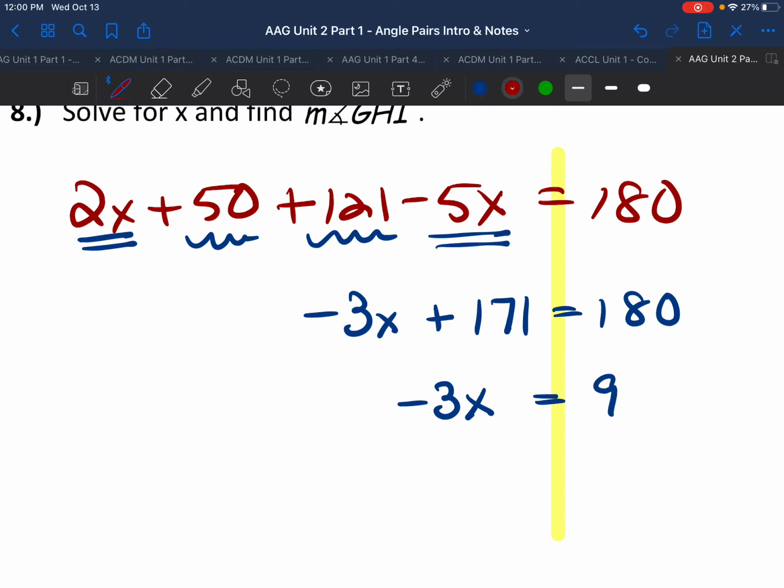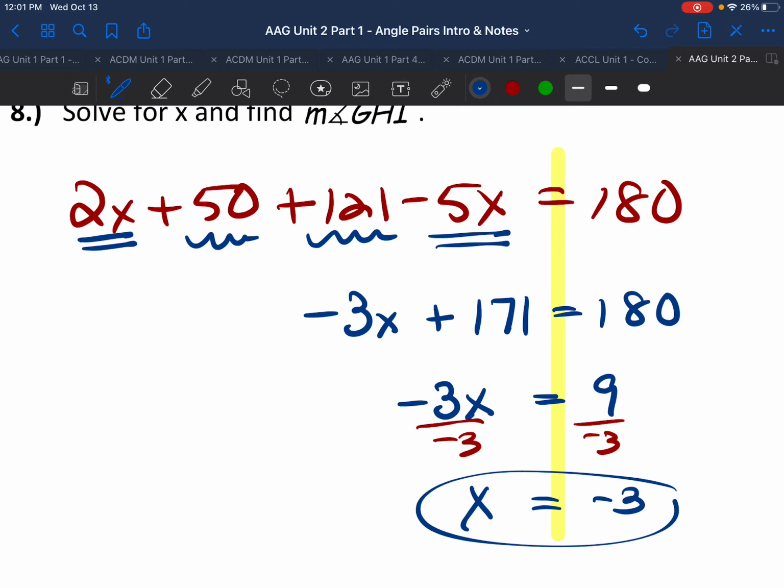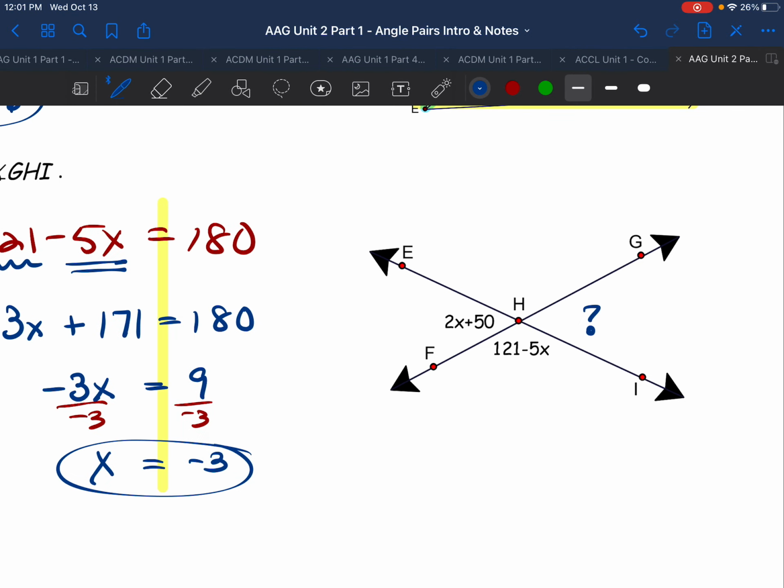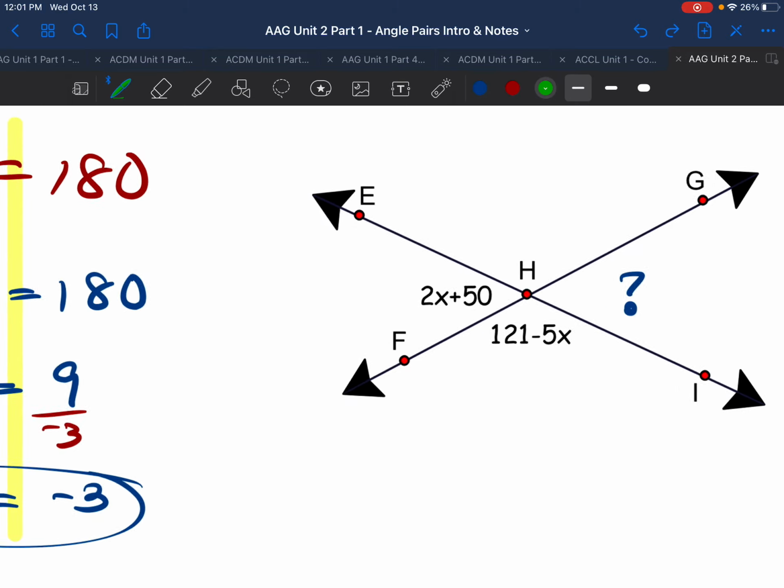Now, be careful. Divide by negative 3. So wait a minute. We're getting a negative answer. So I want to explain this. Getting a negative answer for a variable is fine, but we should never get a negative angle measure, right? Angles in degrees should be positive. All right, so let's see what happens here, though. I'm going to take my negative 3. Let's zoom in.